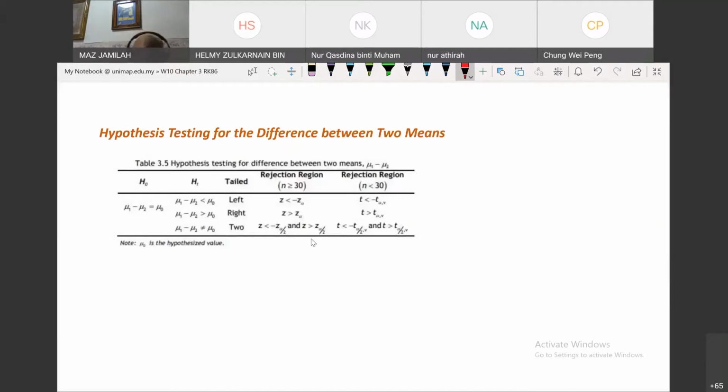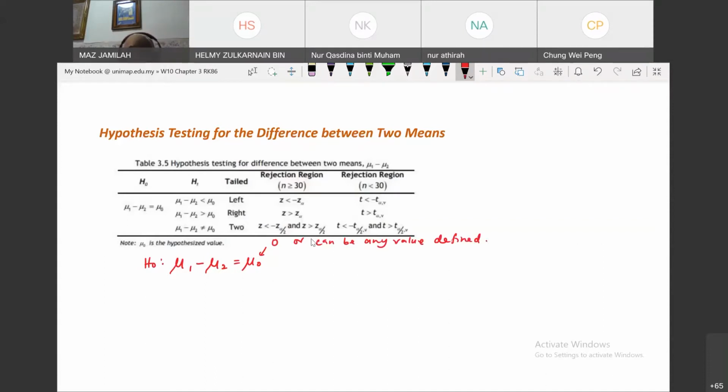So let's say we are talking about the null statement, mu1 minus mu2 is equal to the hypothesized value. Now, this hypothesized value can be 0 or can be any value defined, based on your question. So it can be 0.